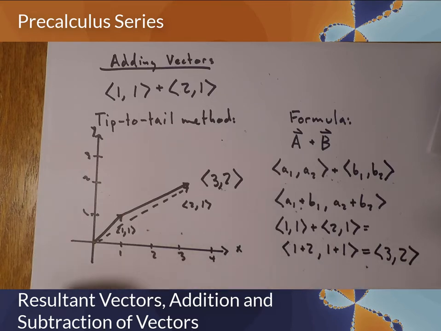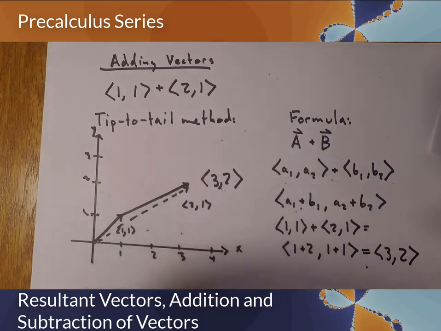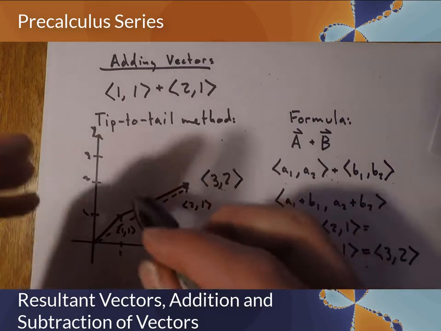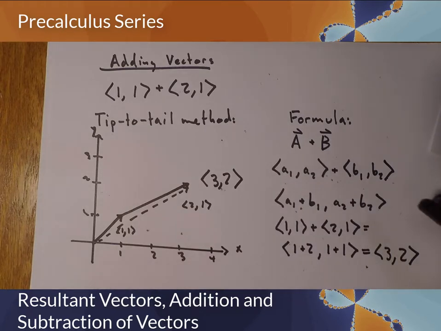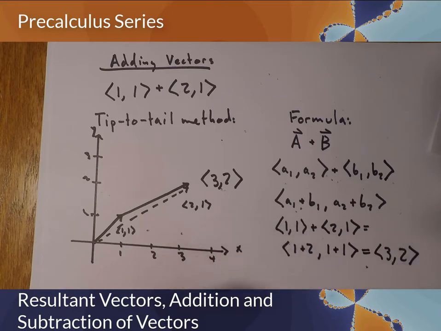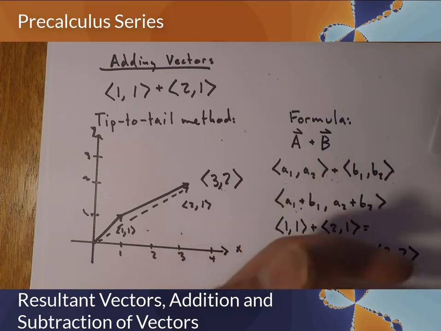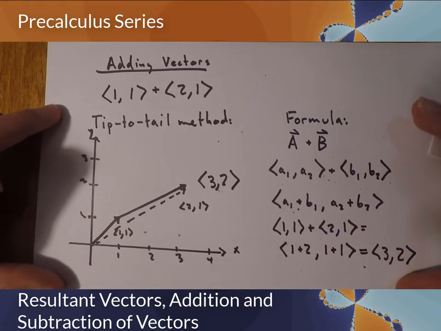So these are the two ways you can add vectors together. The tip to tail method is a more visual way of doing it, and the formula is more of a brute force, algebraic method. It has a little formula to it that can be simpler for some people.